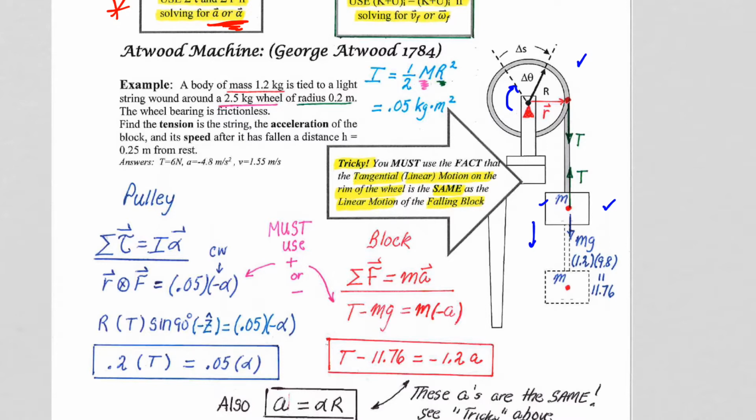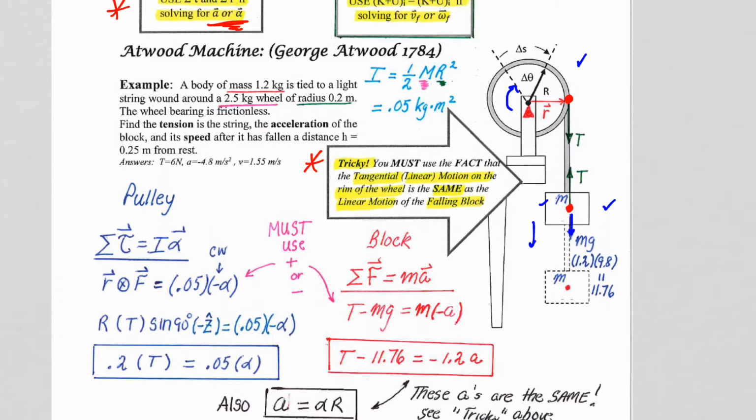Now, the big arrow that I have here and the tricky and the highlighted part, please do not just gloss over this. This problem becomes extremely difficult, if not impossible, to solve if you don't realize that the tangential motion on the rim of the wheel has to match the tangential linear motion of the block as it falls, because that's what the string is doing.